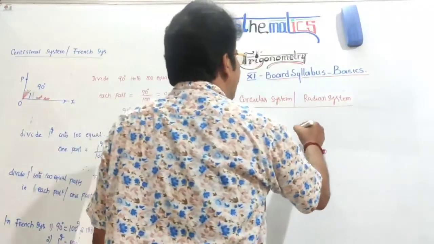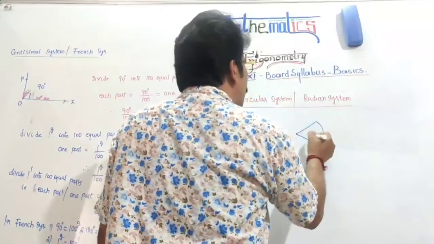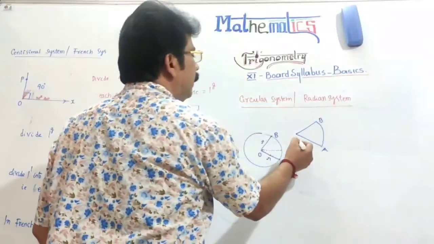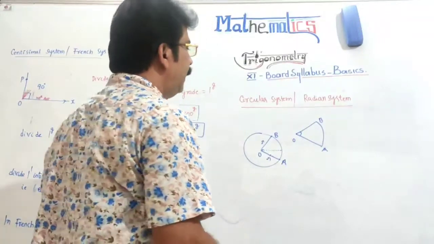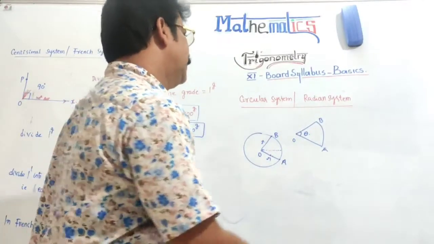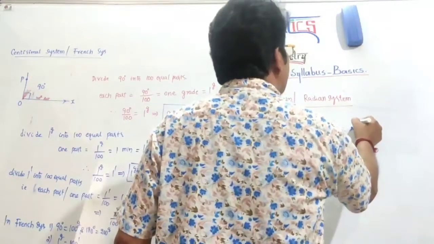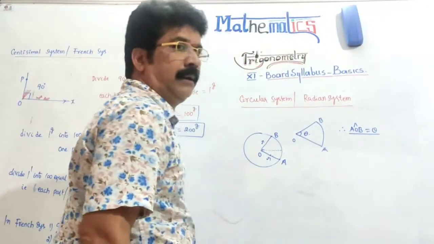Now we are getting a sector like that, O, A, B. So this is the angle at the center of the circle. Let it be theta, right? So angle AOB is equal to theta.